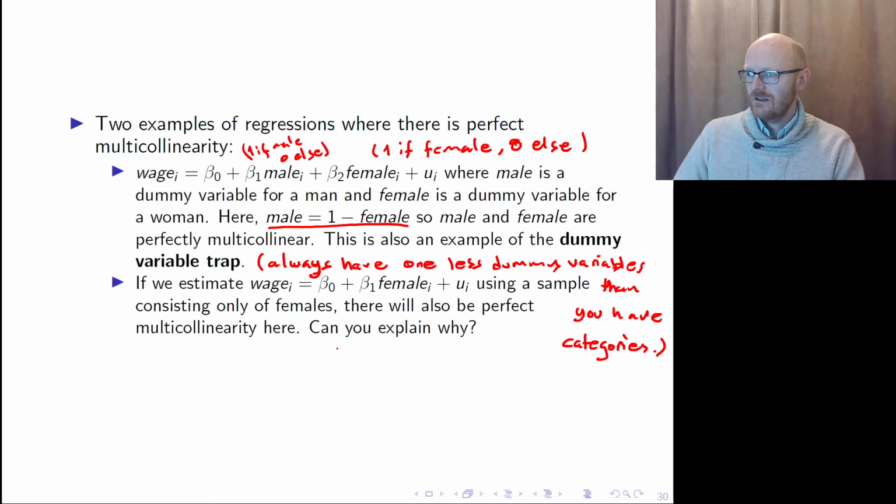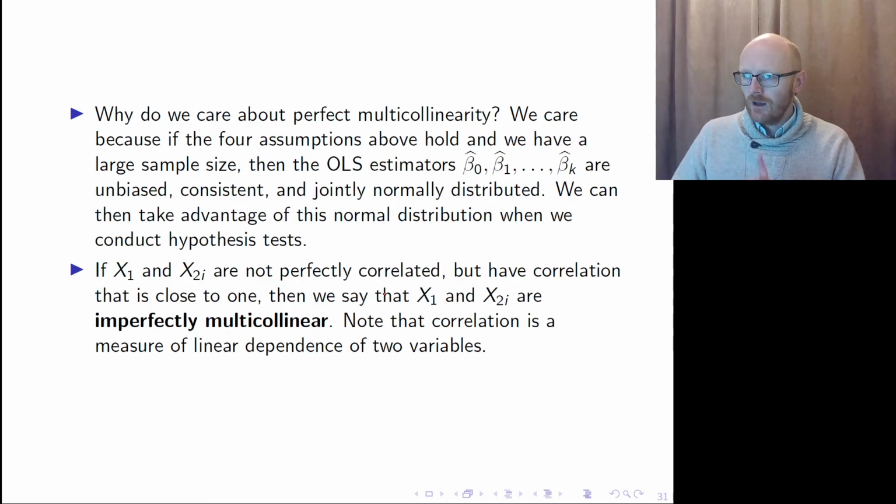So it's the same principle as in the previous example. So that's why you really need some variation in your data if you include some dummy variables.